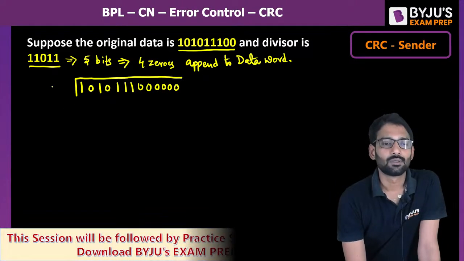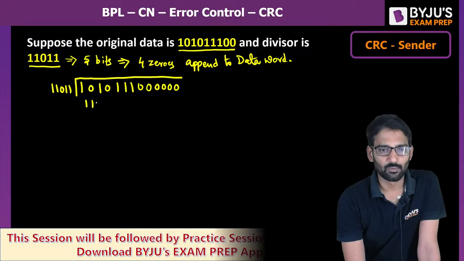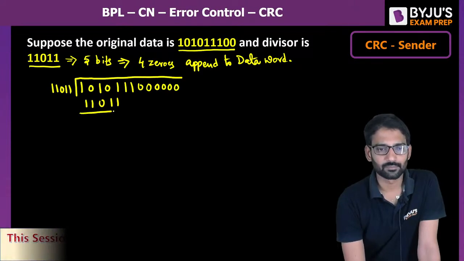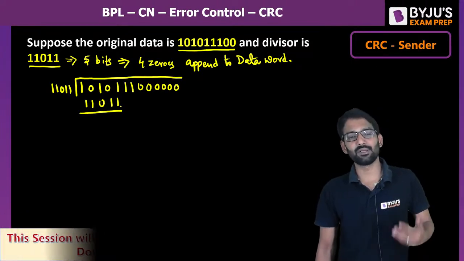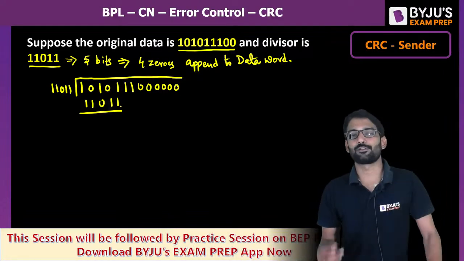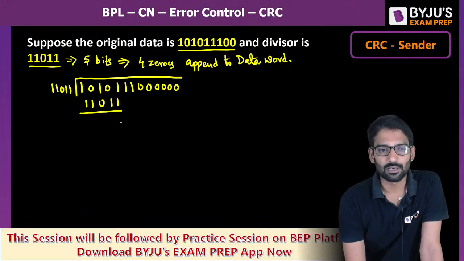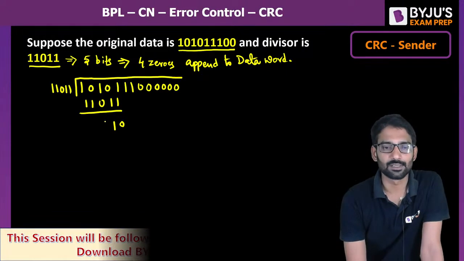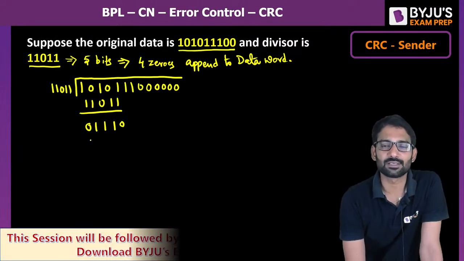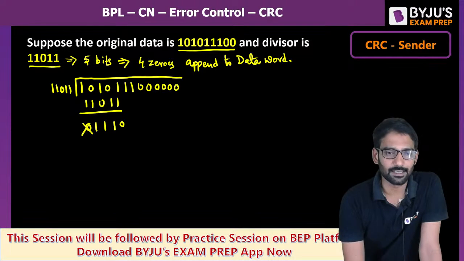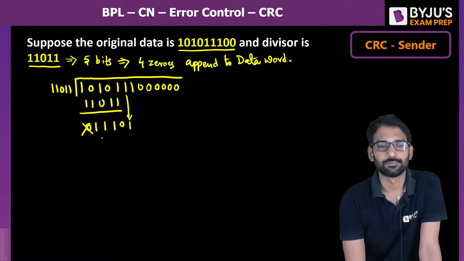Now, perform division. How? 11011 is the divisor. Division means, dear friends, remember, perform XOR operation. What operation? XOR operation. So it would be 1100111011110. Now when the MSB is 0, we will discard it and then borrow a bit from the dividend.